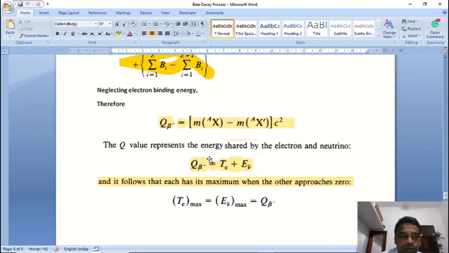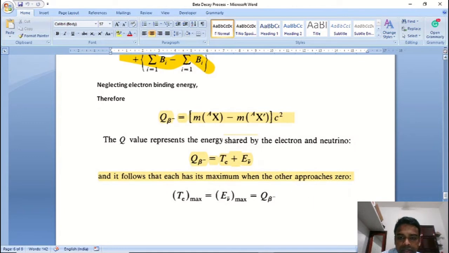So we can write Q beta minus equals TE plus the energy of the antineutrino. And it follows that each has its maximum when the other approaches zero. We saw that in the plot. So we can write: when the electron energy is maximum, the antineutrino energy is minimum. When the antineutrino energy is 0, T is maximum, and when T is 0, the neutrino energy is maximum. That is the Q beta minus.